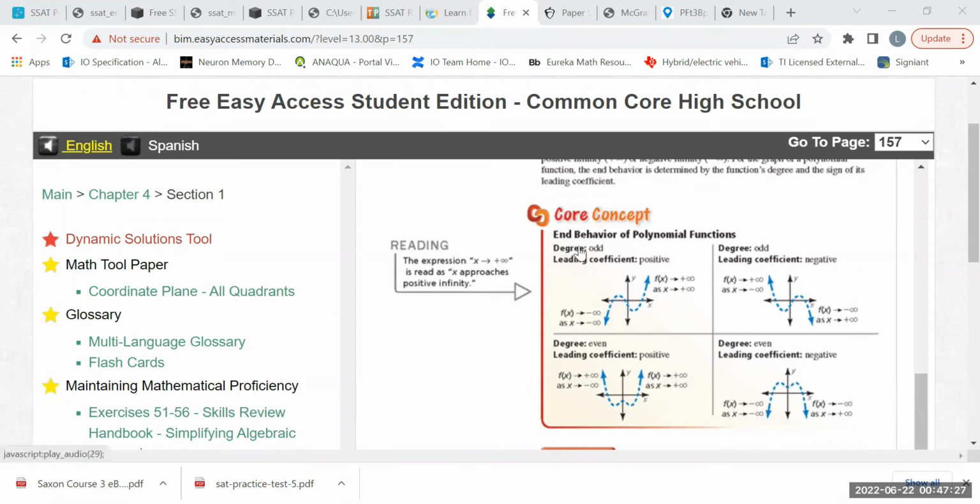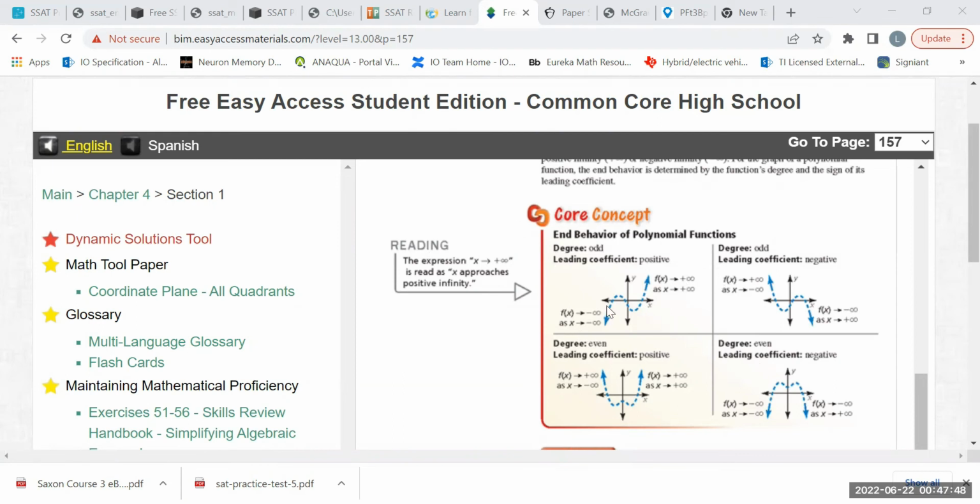Now, there's a very nice little quadrant here to summarize the end behavior of polynomial functions. If you have an odd degree and the leading coefficient is positive, then as x approaches positive infinity, f of x will also approach positive infinity.